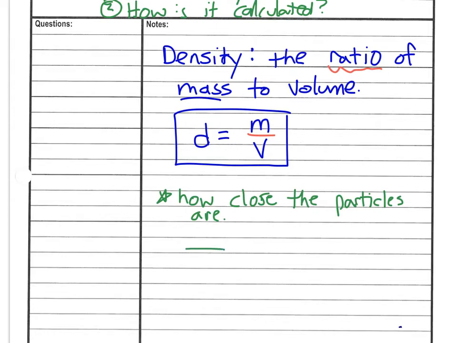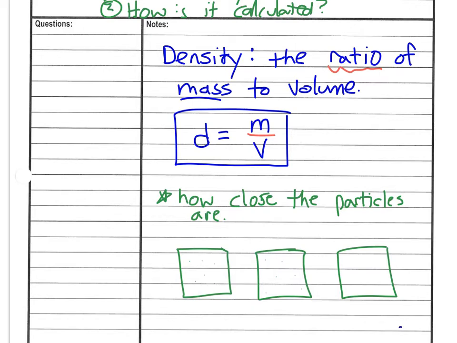So if I draw a couple of pictures here in some boxes, I'm going to use some particles. Let's see, we'll use some tiny ones. So if I draw some tiny particles here, wow, those are really small. You can hardly see them, but I drew 6 there. And if I draw them a little bit farther apart, now I have something that is more dense.